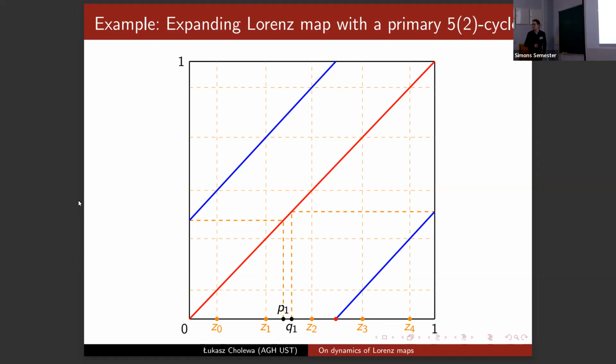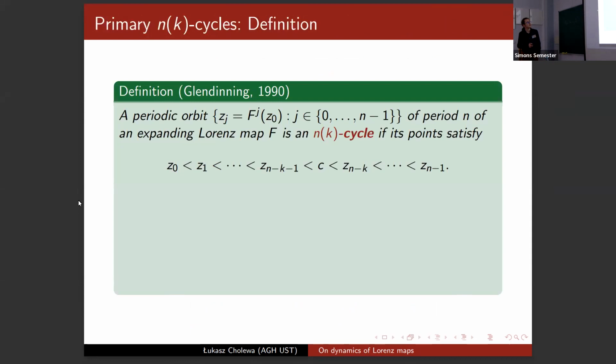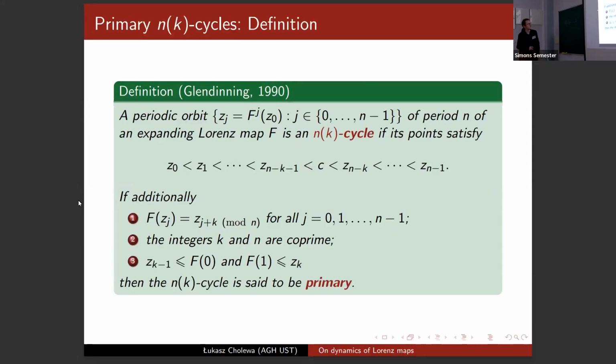Can you explain what is not primary? So what would not be primary? Just NK cycle? Yeah, some cycle that doesn't satisfy the property. I didn't quite follow the property. So I have just a periodic orbit with points that I can order it in this way. So can I show you the rest of the definition? I didn't quite follow. So so they're permuted according to they're permuted. If you add on the right, then you need to jump.